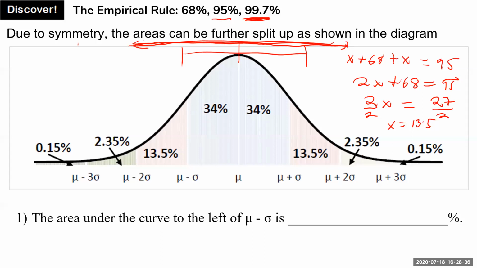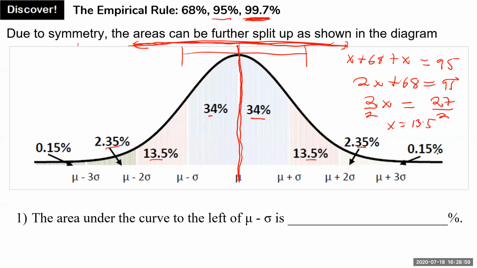Now, the good thing is that you can easily memorize this, because this is symmetrical. If you know half, you should know the other half, because this is 34, that is 34. 13.5, 13.5, 2.35, 2.35. So if I were you, I would just memorize half. So if I know this half, I know the other half.